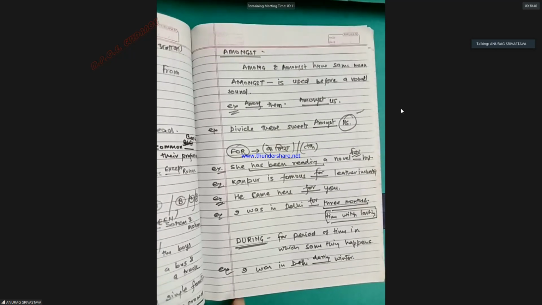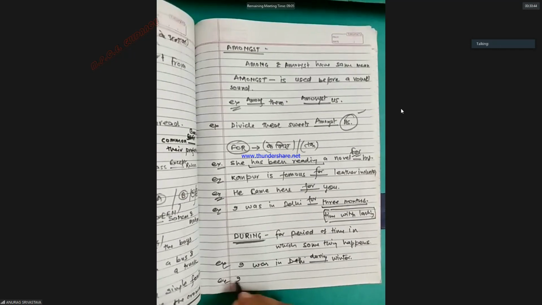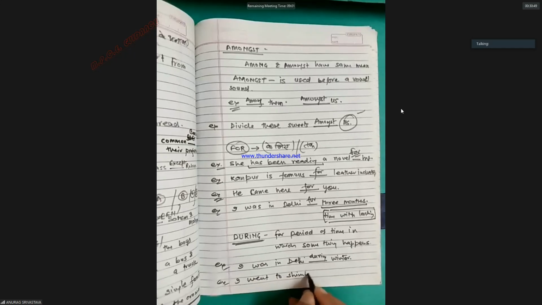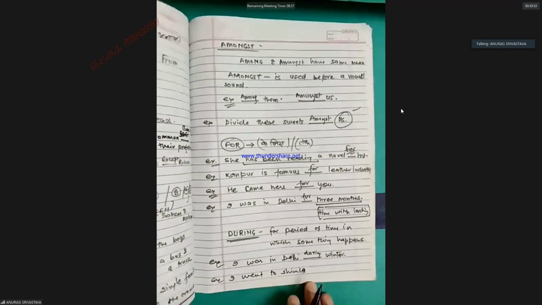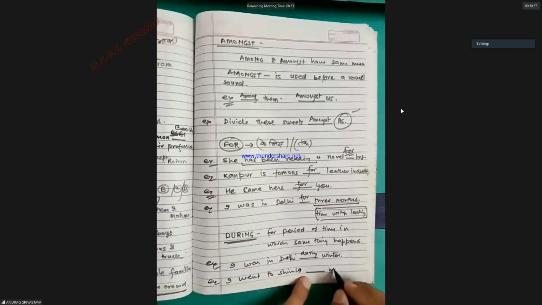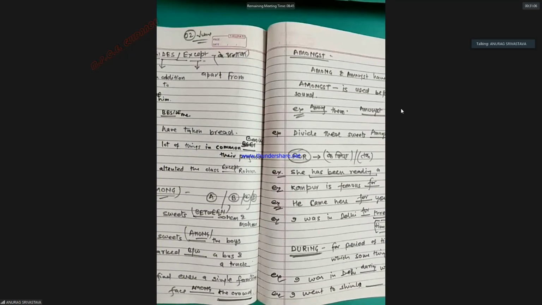Fine. One more example of during. Suppose, I went to Shimla, filler, my vacation. My vacation is a period of time in which something happens.